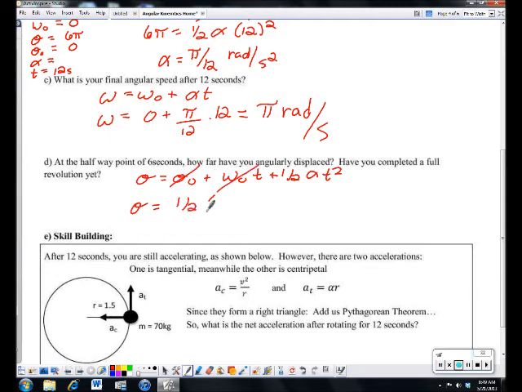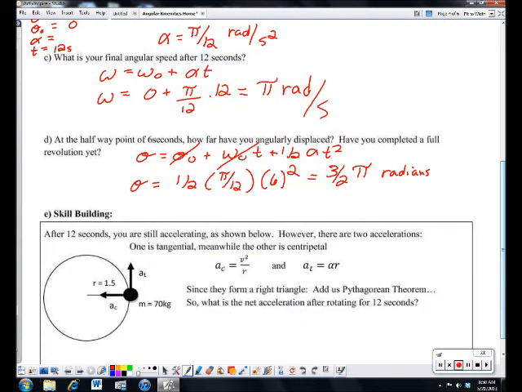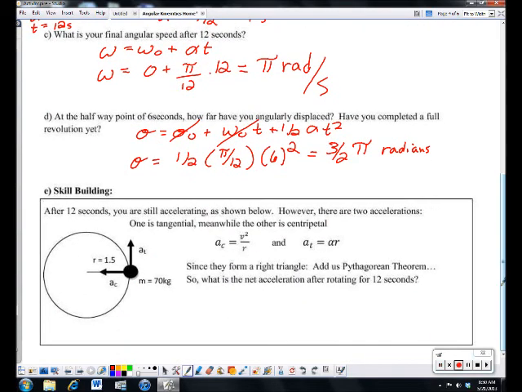It's 1/2 of alpha, pi over 12, times the time of 6 squared. 6 squared is 36, and 36 divided by 12 is 3. That's 3/2 pi radians. By the way, in the first half of the trip I only travel 1.5 pi, and I travel 4.5 pi in the second half of the trip.